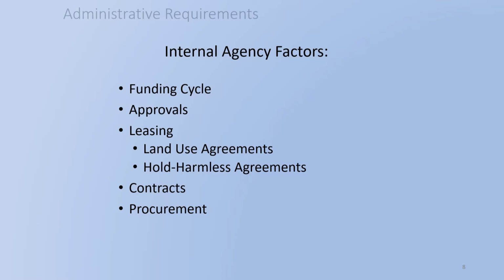Leasing. At CARB, this is a two-tiered process where we work internally with the facilities management unit, and then they work with the State Department of General Services to negotiate all leases and agreements, which adds to the process. At one time, for placing shelters or trailers, we were able to work with land use agreements and hold harmless agreements.